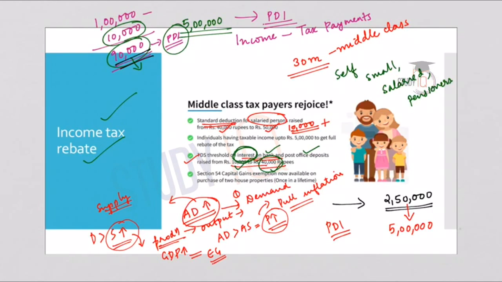And this is called consumption driven growth. Why is it called consumption driven growth? Because here the growth has been stimulated due to increase in consumption or increase in the aggregate demand. So two impacts: one is demand pull inflation, the second is consumption driven growth. So this is all about the income tax rebate.